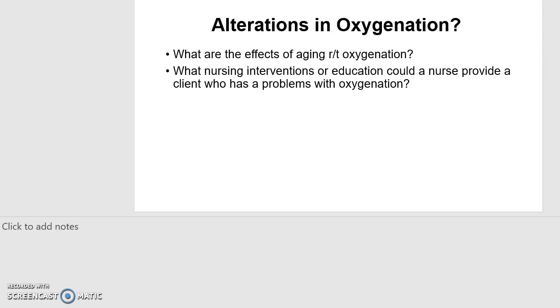So lots of changes in the oxygenation area. What are some things that nurses can do with them? We can provide lots of assessing, listening to their lungs. Do they need to know how to cough properly? Do they need oxygen? And remembering if there's a history of COPD, that we're providing low flow oxygen, 1 to 4 liters at the most.